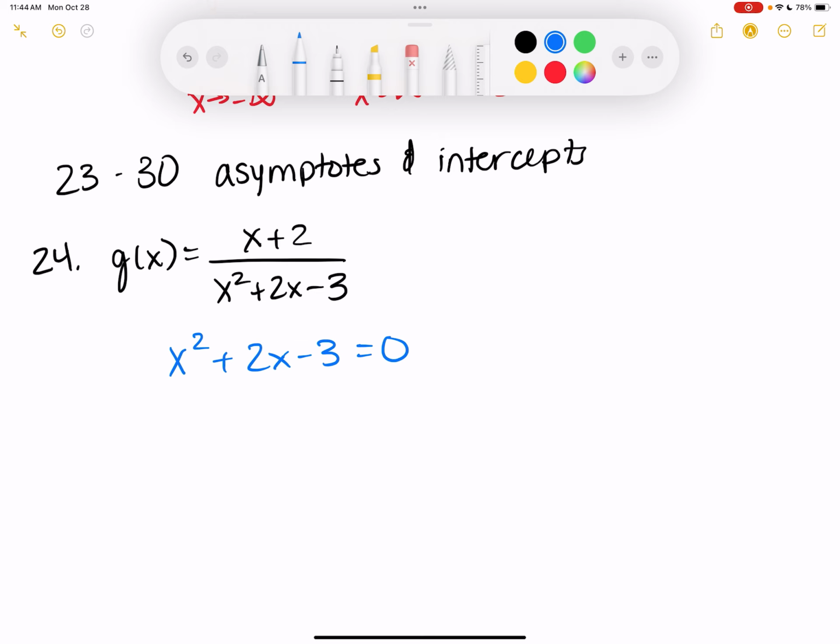What does it factor into? x plus 3 times x minus 1.